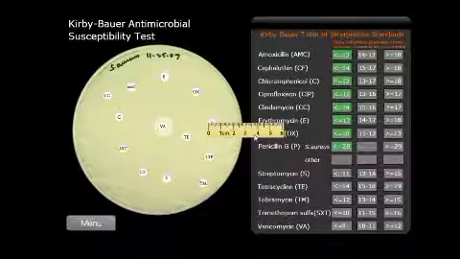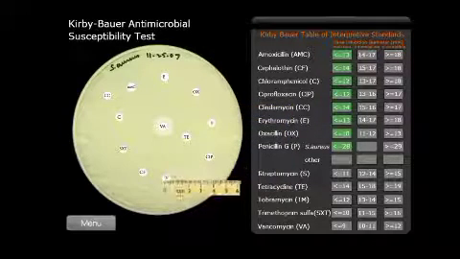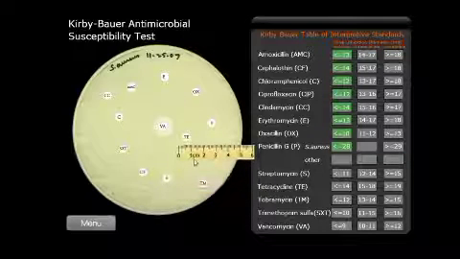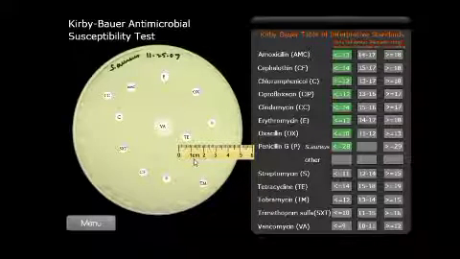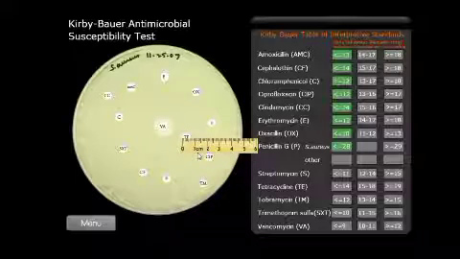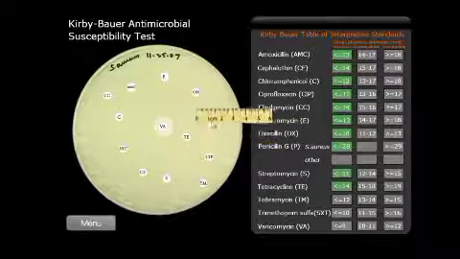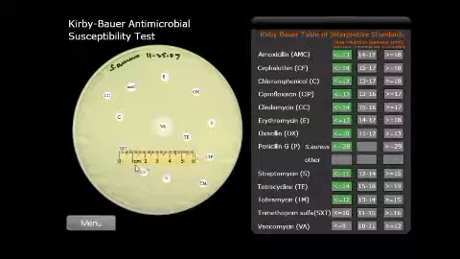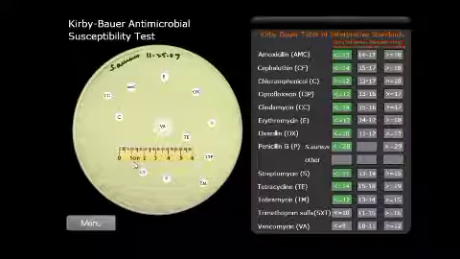S, 6, which is resistant. TE, 6, which is resistant. TM, 6, which is resistant. SXT, 6, which is resistant.